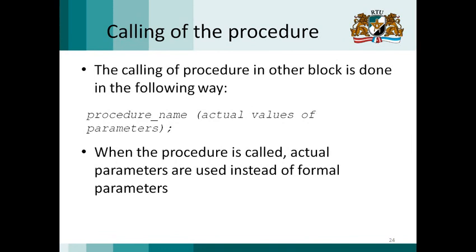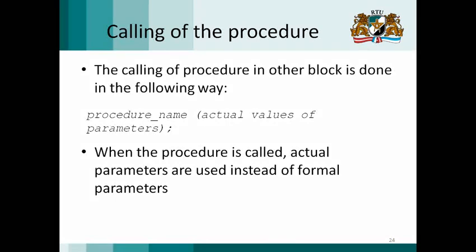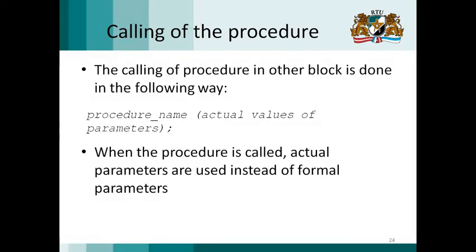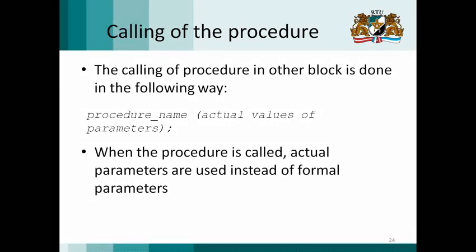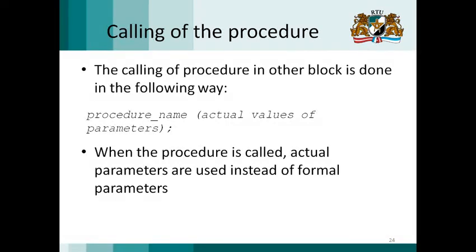For example, we might have written some text value in a variable x, and also call this procedure by giving this variable as an actual parameter. Of course, there must be some value assigned to this variable x.